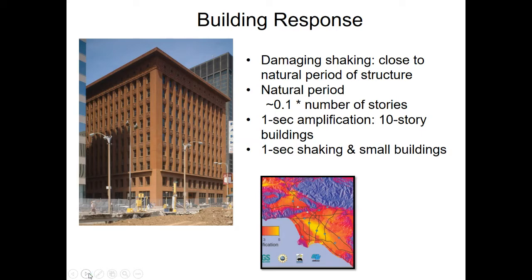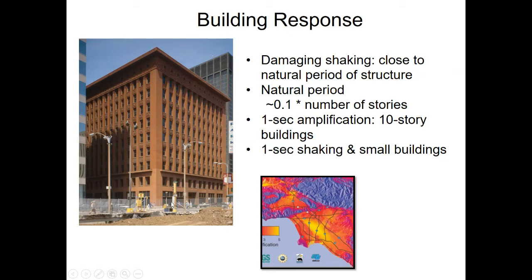And shaking is damaging when the ground is swaying back and forth at the same frequency as the building naturally shakes. You can think of a child on a swing who's going back and forth every few seconds. If you pushed too frequently, it wouldn't cause him to swing. But if you pushed every time he swung back, that's how you would make him swing higher.